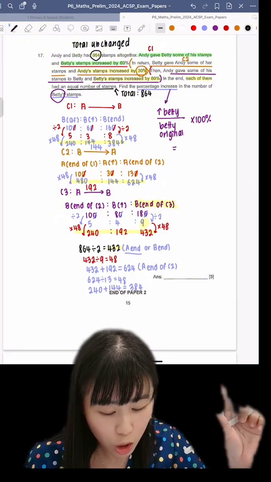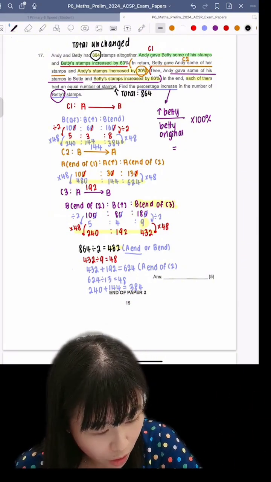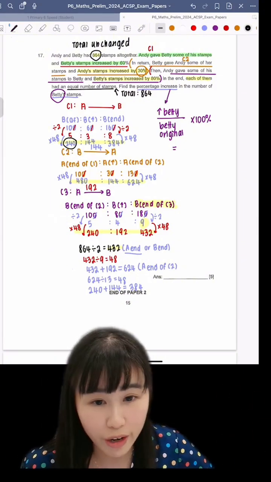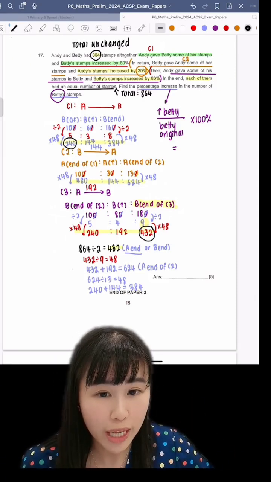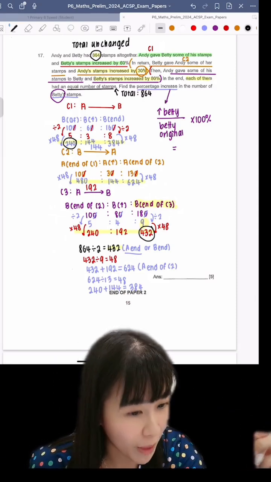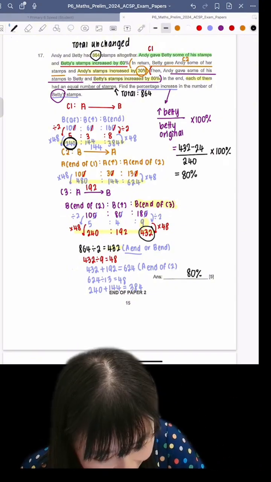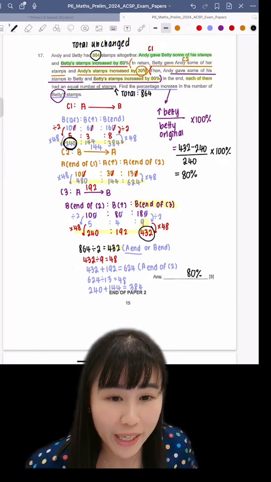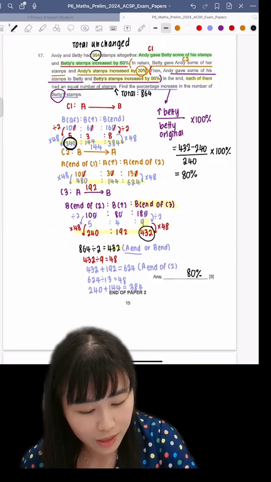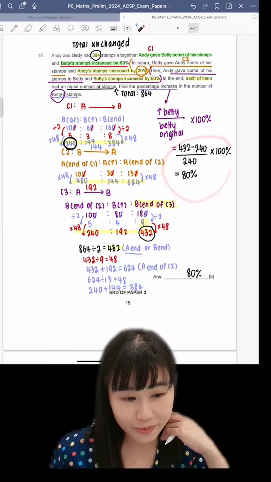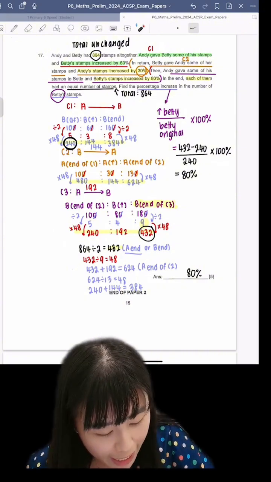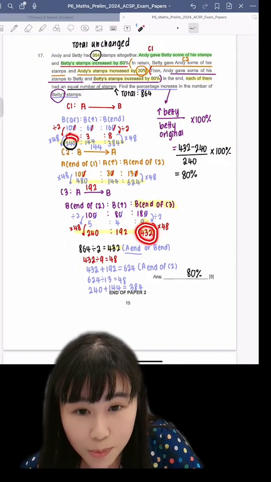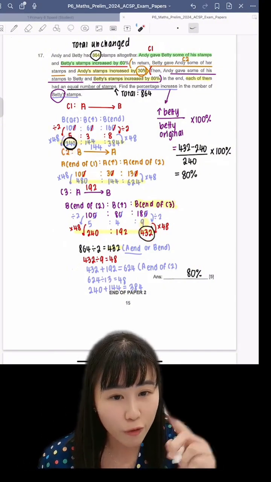The start we have 240 for B. The end we have 432. So can you tell me Betty increased by how much? Yes, 432 minus 240. Let me clarify again, it is B in the end minus B at first, 240. Then you find B's increase here.